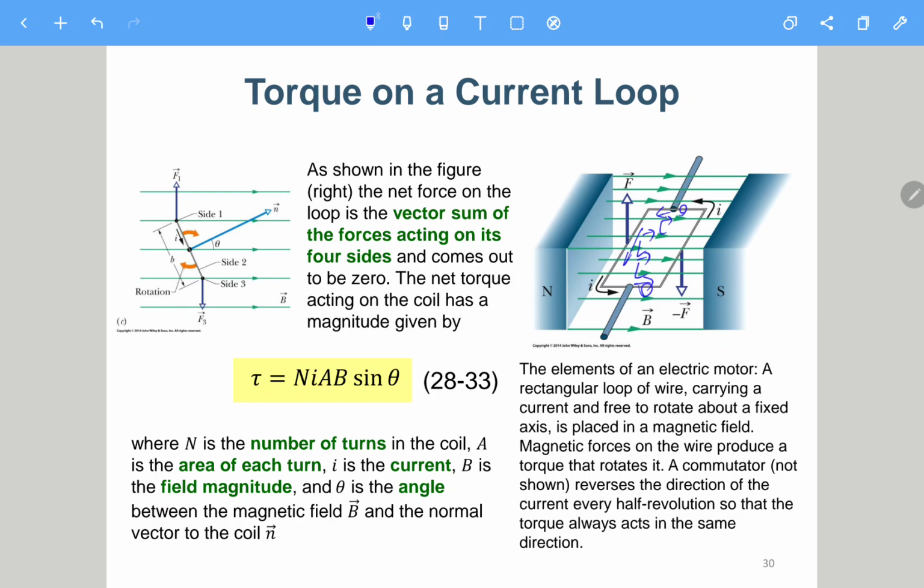L cross B, and then the thumb will point backward. So we get this F, and as this axis is fixed, the loop will rotate like this. So this is the mechanism of a motor.